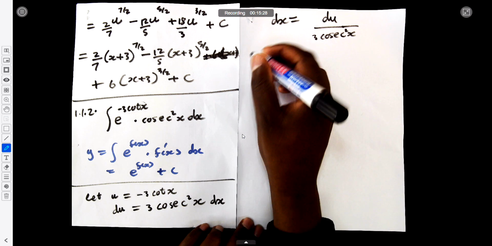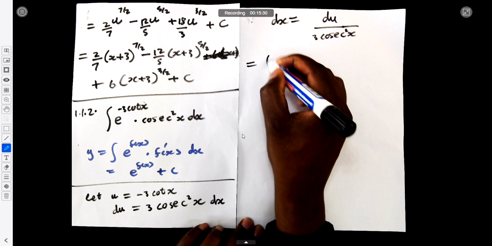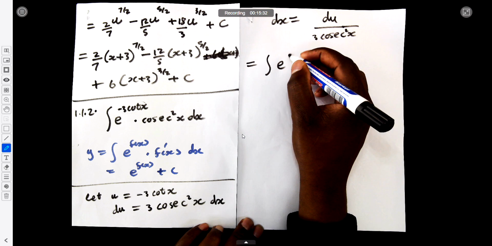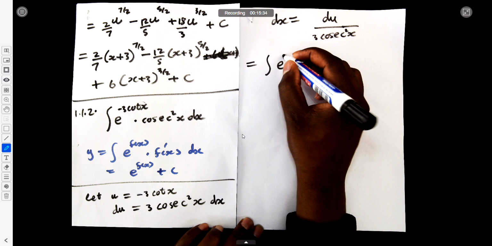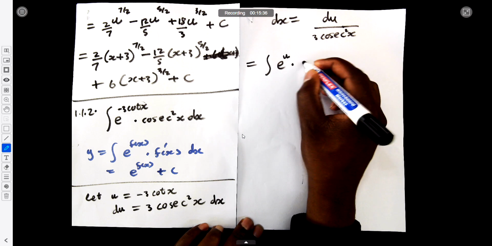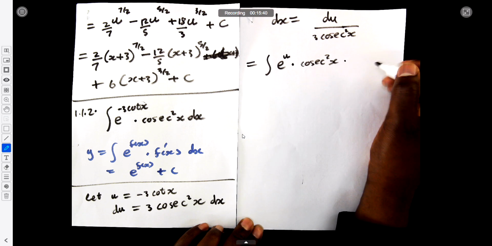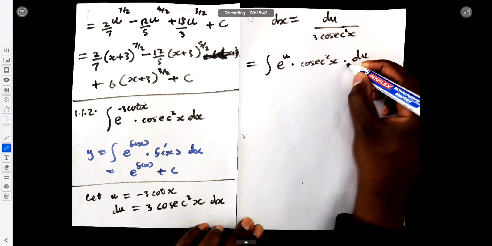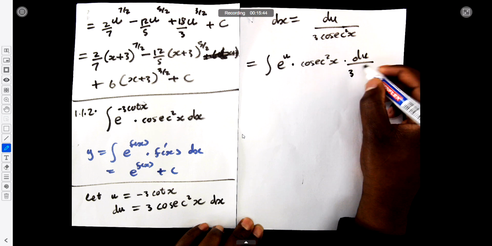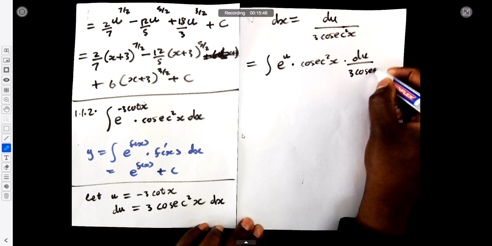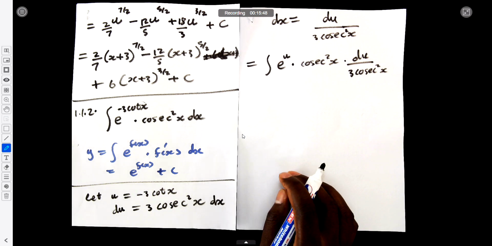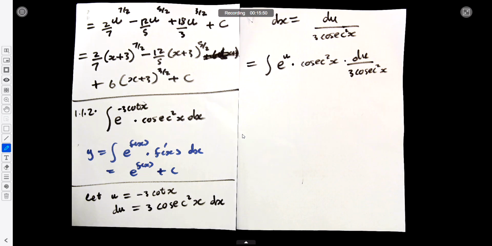So in our original function, let us replace. We said negative 3 cot x is equal to u. Therefore, we have our cosec squared, which we haven't replaced in terms of x. But dx, we said, is equal to du all divided by 3 cosec squared x. So I hope you see when we utilize the u method, something must be divided always, or we must replace in terms of x.